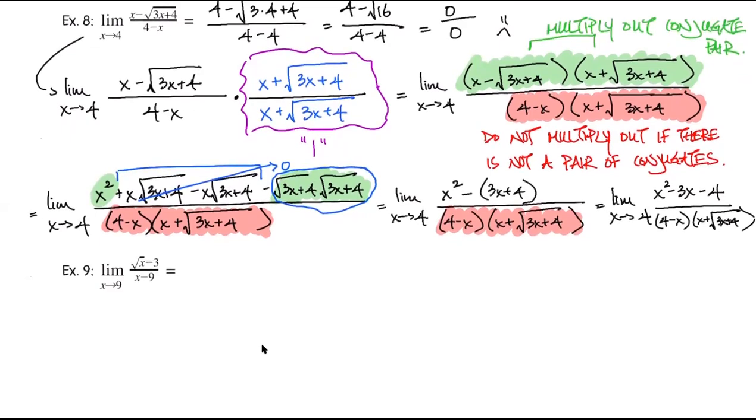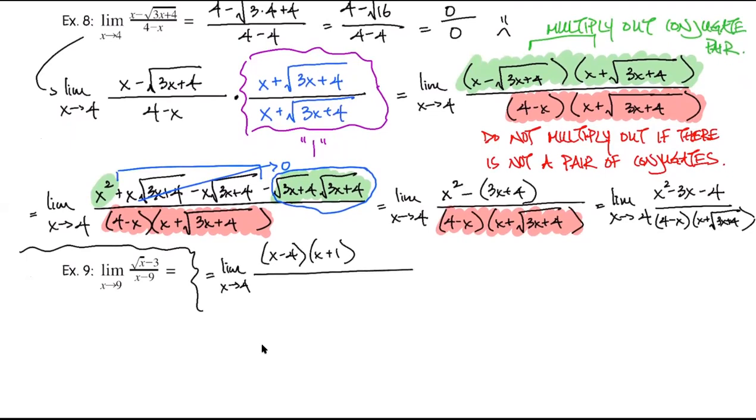I'm going to go ahead and factor the numerator. The limit as x approaches 4. I factor, I get x minus 4, x plus 1, over the same denominator that I have not changed the entire time.